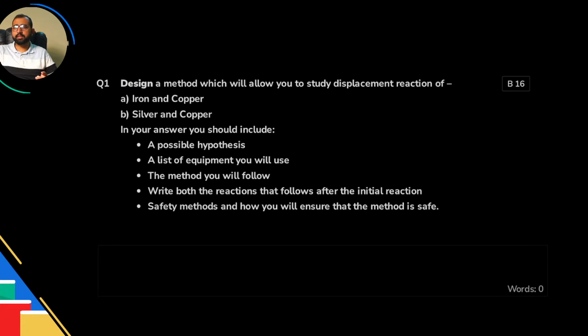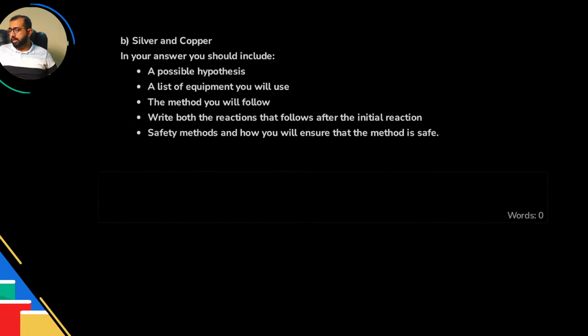Alright, so let's see. What is a good idea to do that? I will pick the independent variable is going to be the metal that I add. Dependent variable is the color change that I see. Okay, so let me just write down.